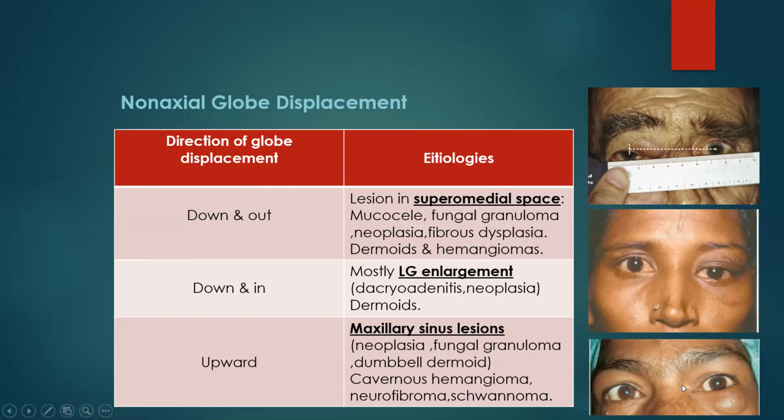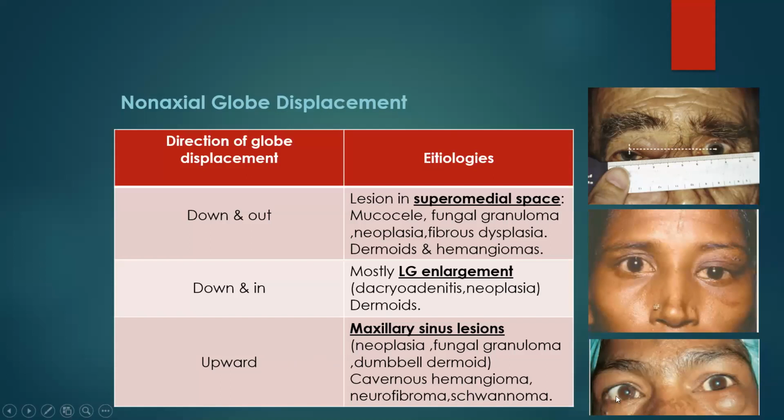Then we have down and in, like in this patient. So think what causes down and in. It's the lacrimal gland mainly. So any pathology in the lacrimal gland, like dacryoadenitis, neoplasia, like primary tumors of the lacrimal gland, or lymphoma, and dermoids are for sure.